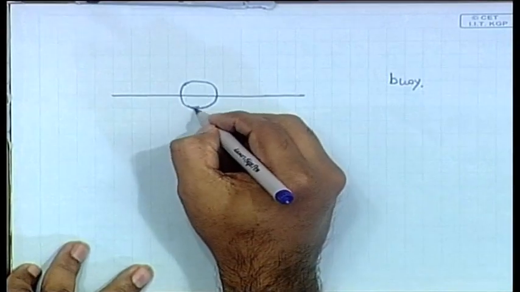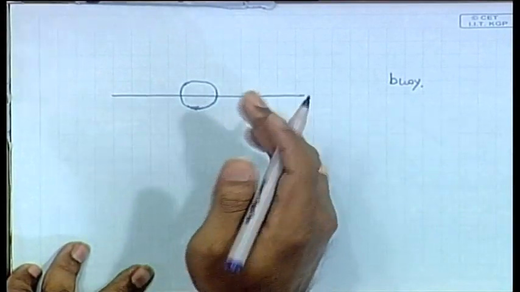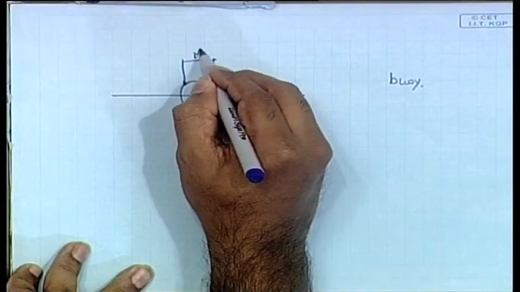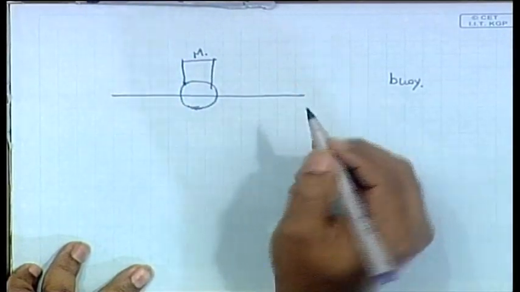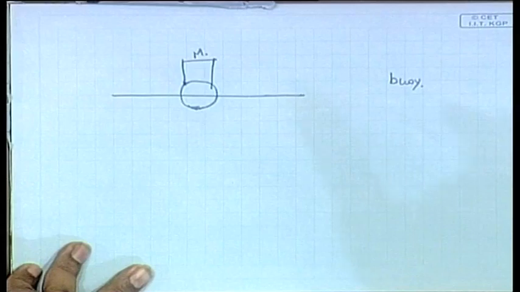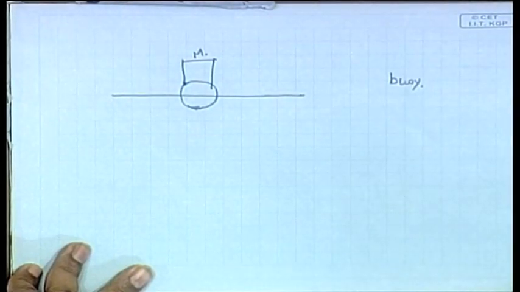Now, suppose that it is put in water to carry some weight, let us say of mass m. This is a spherical buoy, used for carrying an instrument. It is floating with a weight on it equal to mass m.